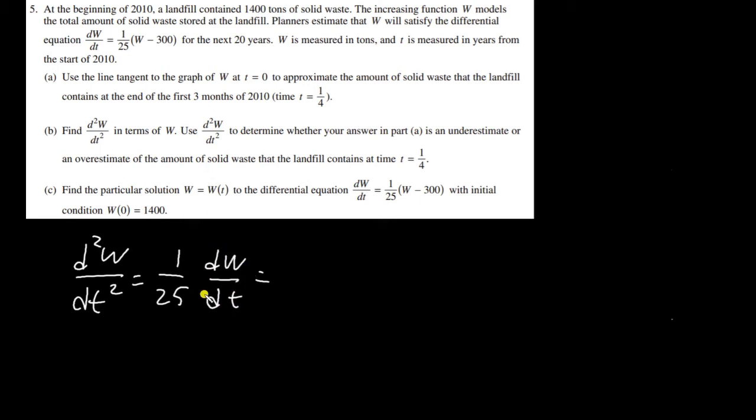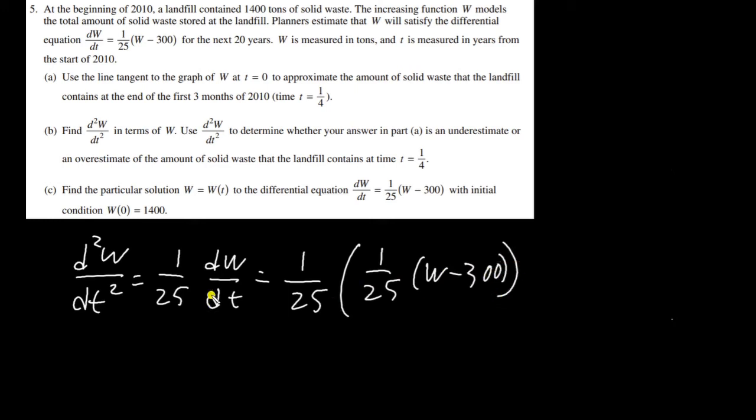Well, dw dt is equal to this stuff here, so I can simply replace dw dt with that. It's like dw inception. So we simplify this, we'll get 1 over 25 squared, which is 625, times w minus 300. Okay, that's d squared w dt squared. I'll circle that because it's done.